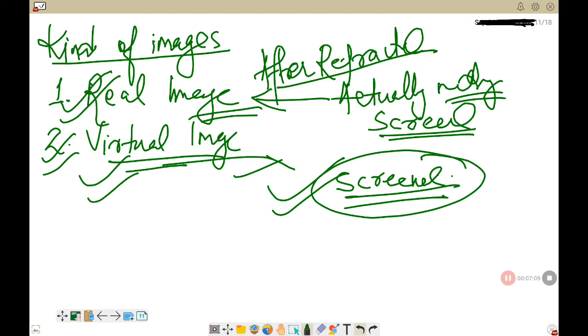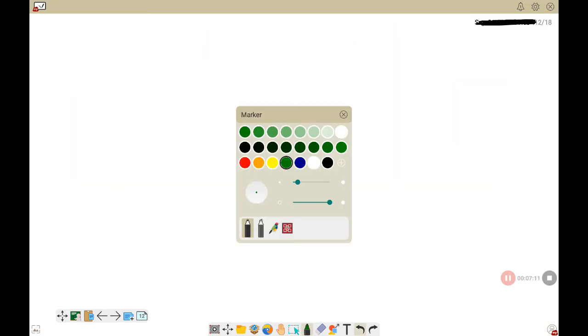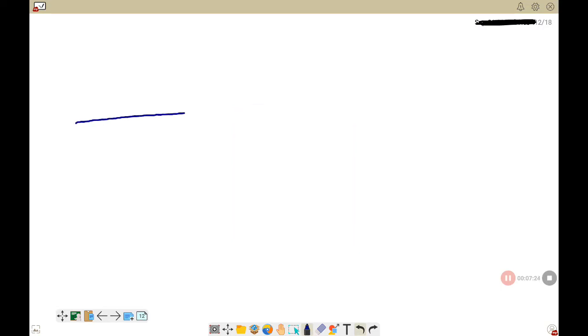All right, now let's learn about the construction of the images. Construction of ray diagrams of a lens. For this, you are going to draw a straight line and mark one point here. So we are learning for the convex lens. First we will learn with the convex lens.